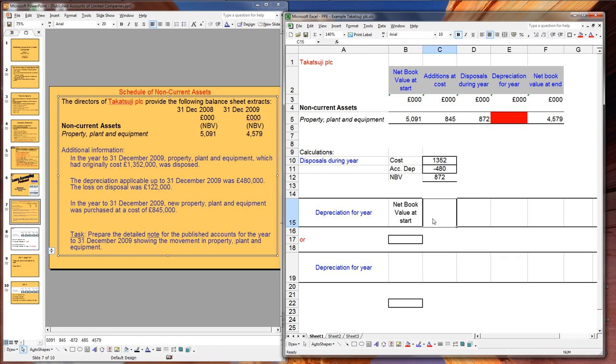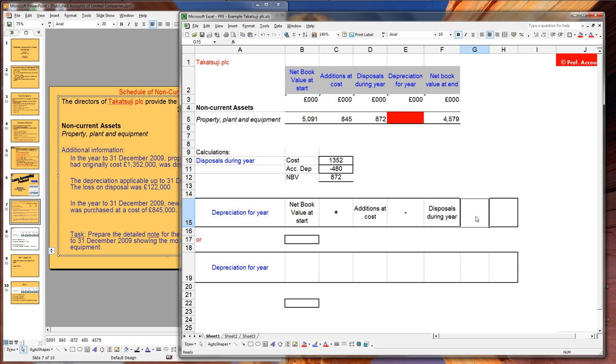So you're going to minus the disposals during the year. And lastly, obviously in normal course you'd add the depreciation, you plus depreciation, but we don't know that. So all we can do in this case is deal with the net book value. So we can minus the net book value at the end, and that is our format.